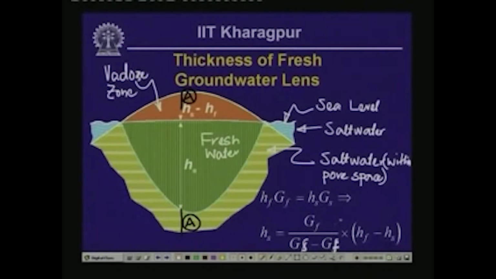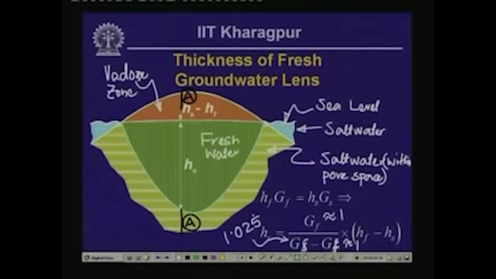Let's put some numbers here. G subscript F is approximately equal to 1, and the specific gravity of salt water is approximately equal to 1.025. If you substitute these numbers, H subscript S is equal to 1 over 0.025 times HF minus HS.